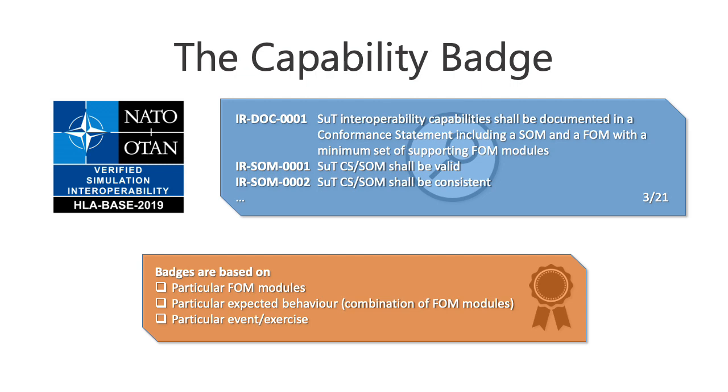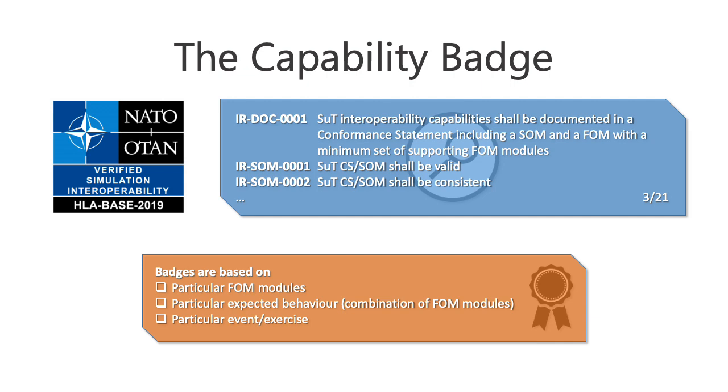So we can, for example, have a badge for the logistic module, and the interoperability requirements in this logistics badge then list all the requirements that you should have in order to successfully be certified as having this logistic module implemented. It can also be based on a particular behavior.